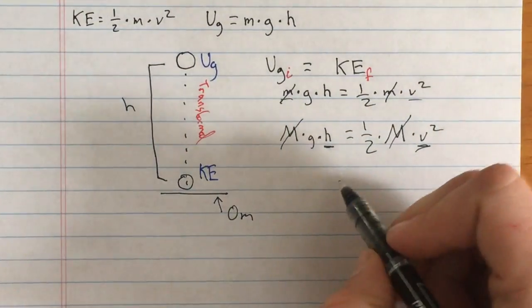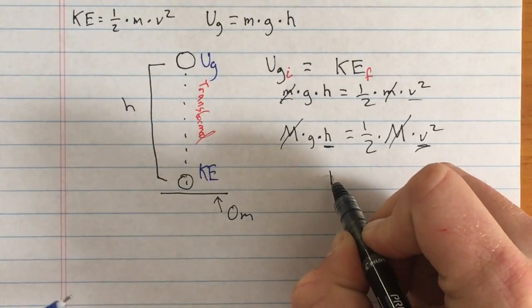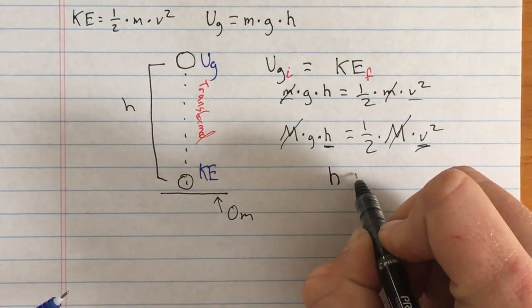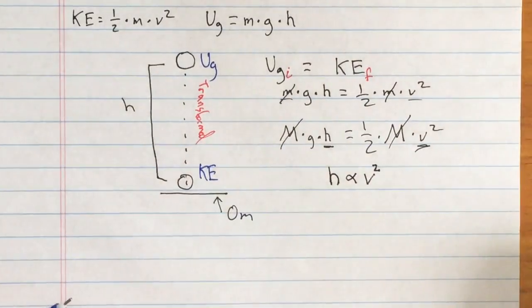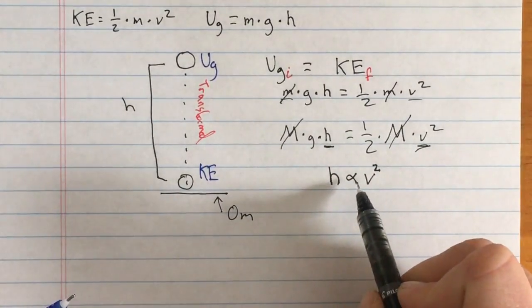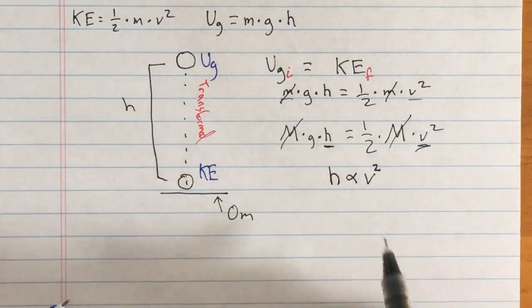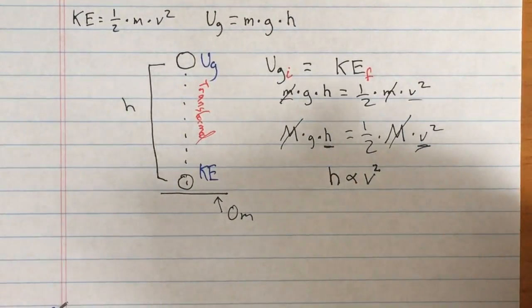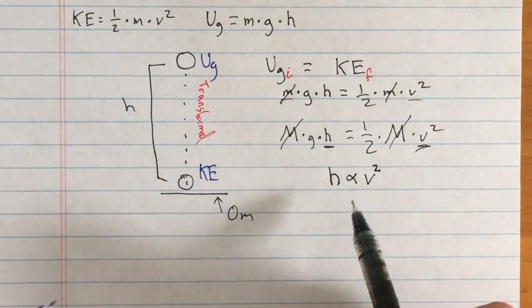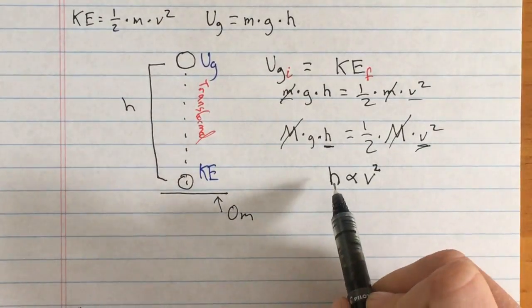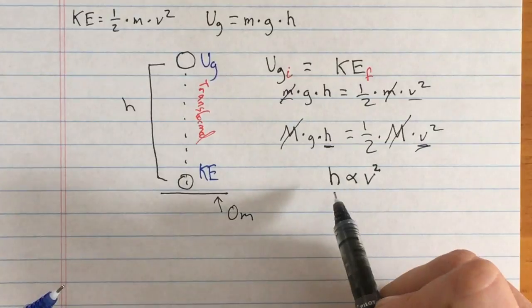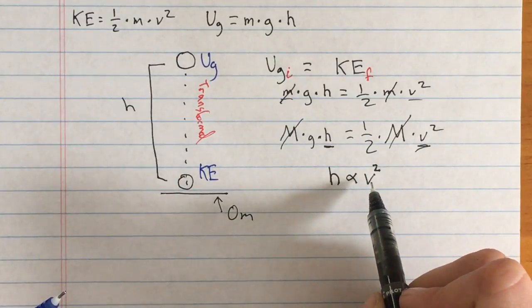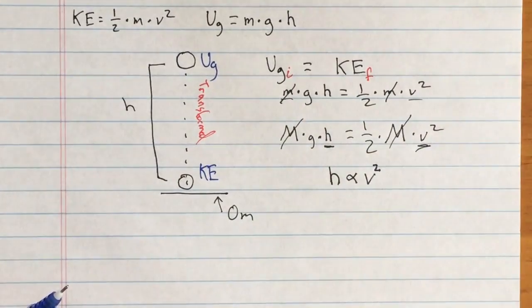And I'm going to develop this expression. Height is proportional to the square of the velocity. I have to use this little fish thing because they no longer equal each other because I got rid of these constants, but we're talking just about proportionality. We can use it almost just like an equal sign. The height is proportional to the square of the velocity.